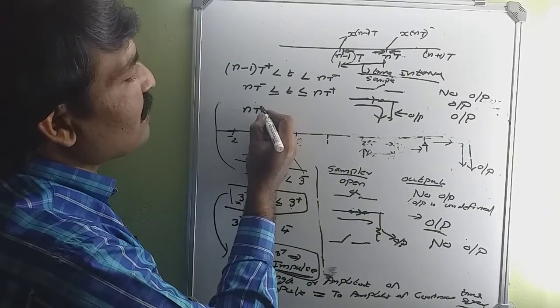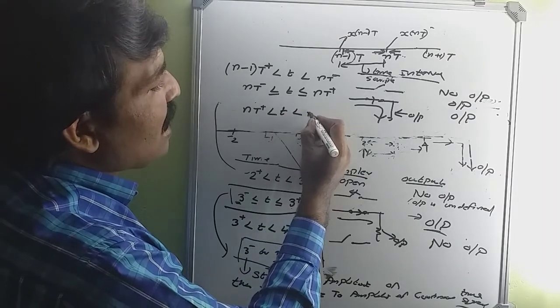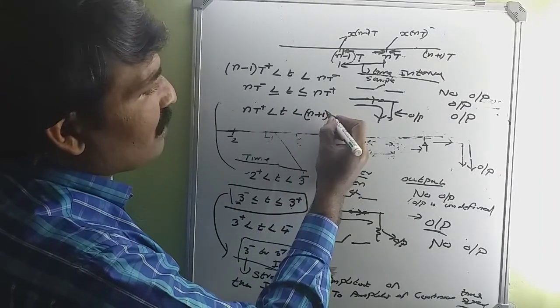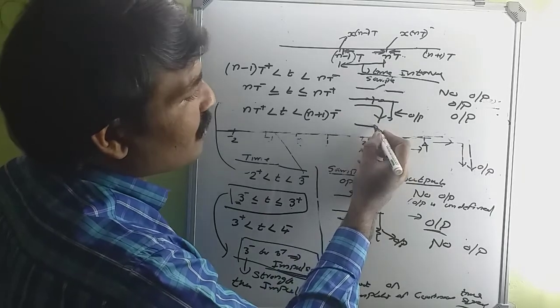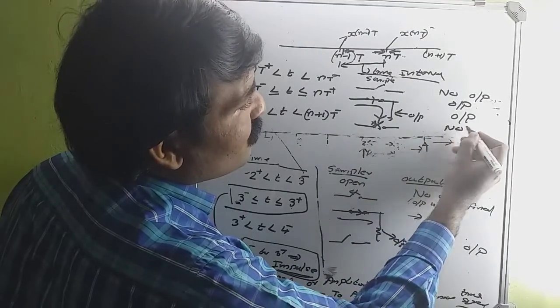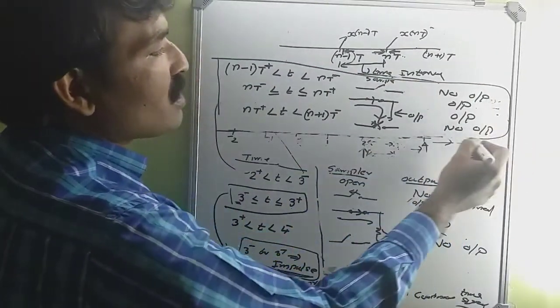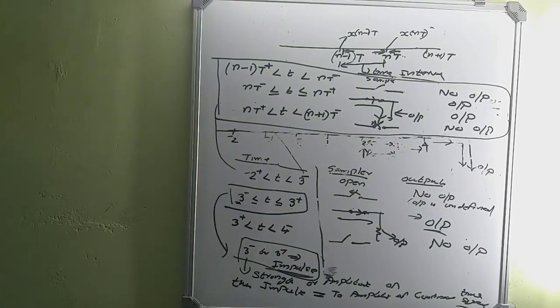And for the interval nT plus less than t less than (n plus 1)T minus, the sampler remains open, so we get no output. So this is the basic operation of the sampler.